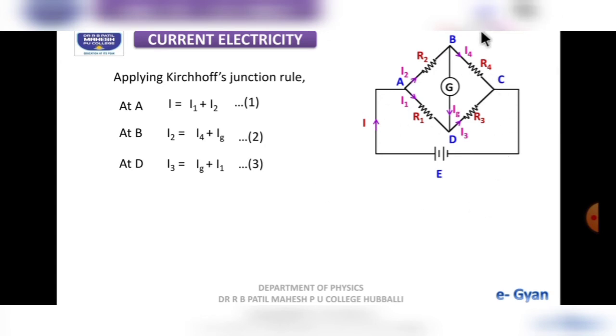When the network is balanced, the resistances are adjusted in such a way that the current through the galvanometer is 0, that is Ig equal to 0. Hence, the network is said to be balanced.